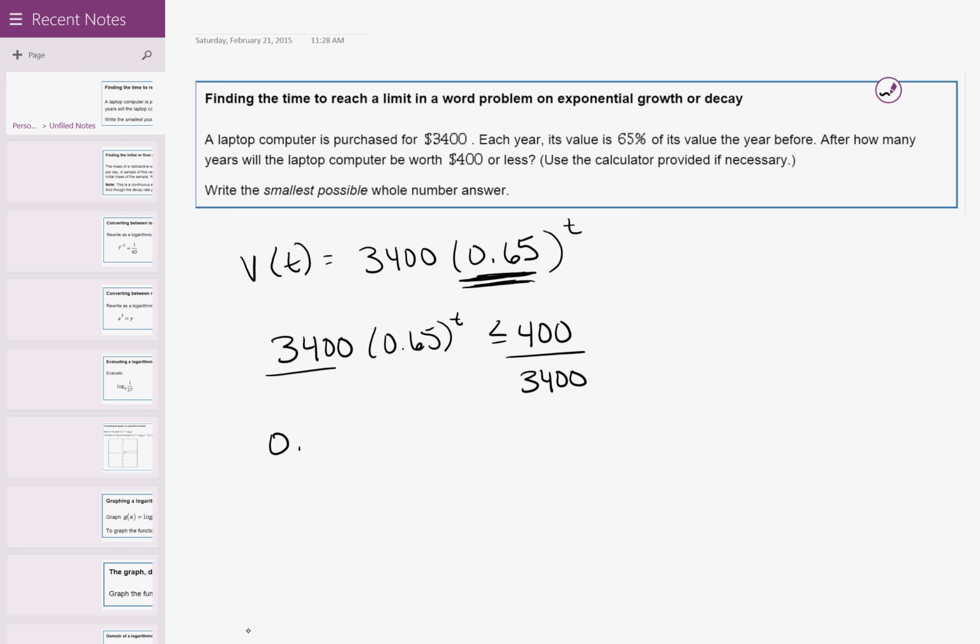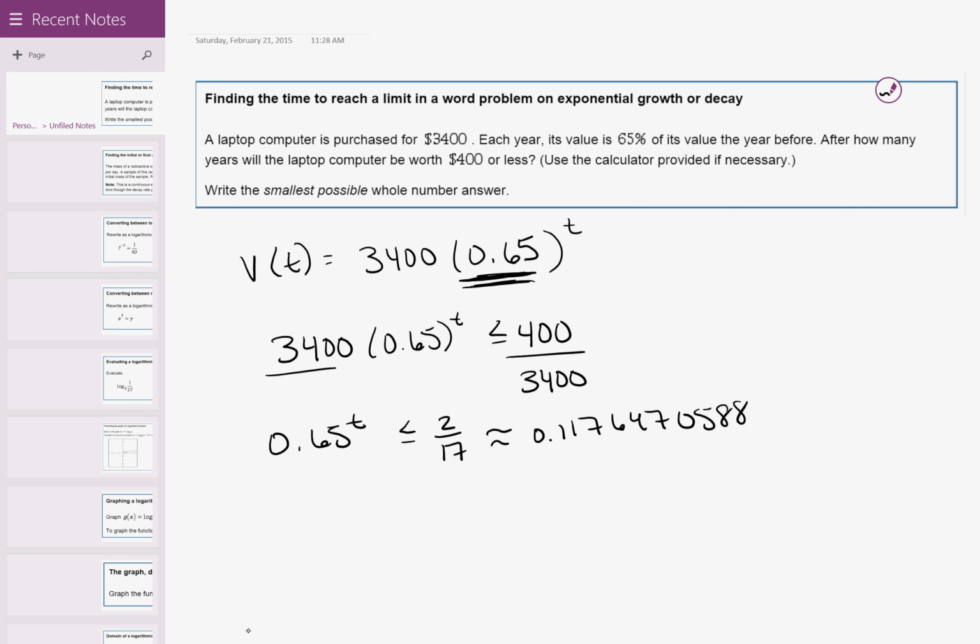So 0.65 to the t is less than or equal to 4 over 34, which is the same thing as 2 over 17, which is approximately 0.1176470588.